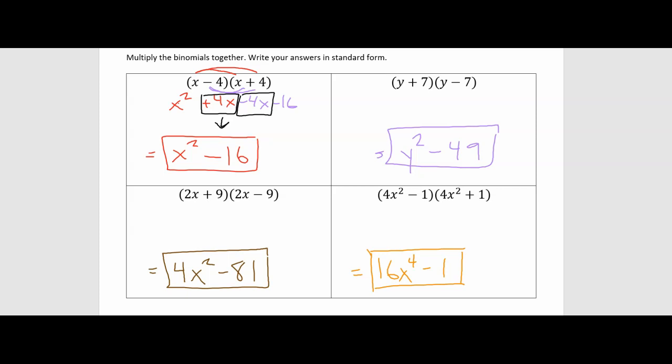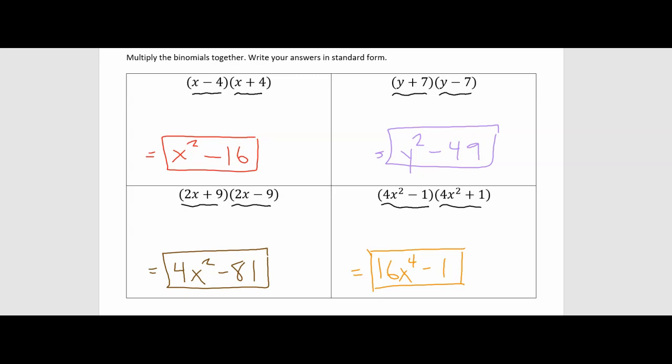However, if you notice that the binomials you're multiplying are the same except for the sign, right, x minus 4, x plus 4, y plus 7, y minus 7, 2x plus 9, 2x minus 9, 4x squared minus 1, 4x squared plus 1.